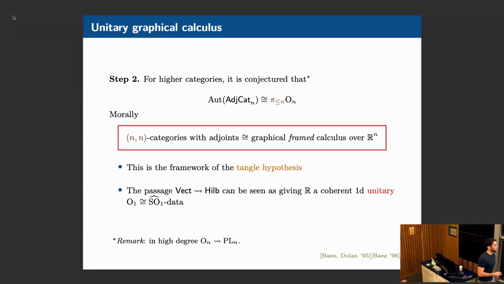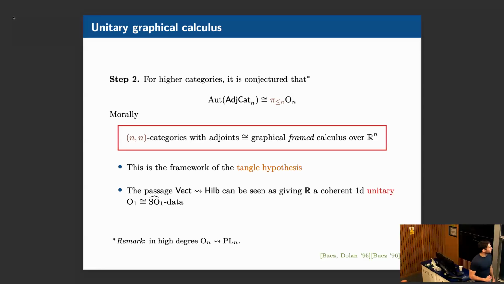Okay, and this is literally saying nothing more than that good n-categories are good recipients to describe topological framed defects in R^n. So this is suggesting that indeed n-categories with adjoints is the correct framework which captures the topological defects we are interested in.